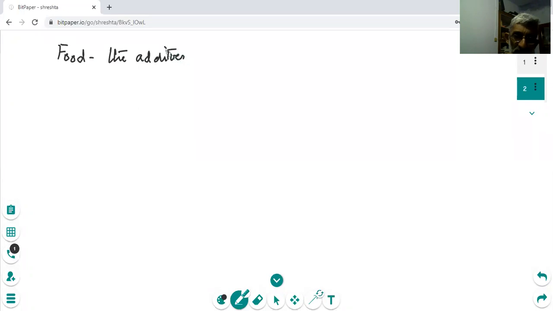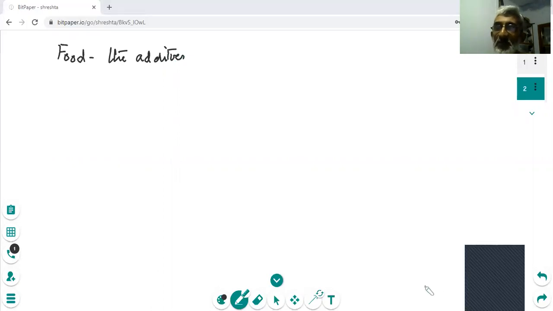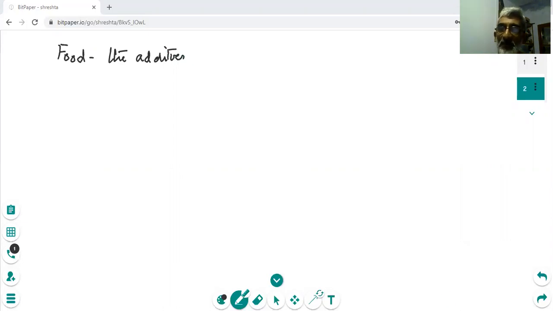Now, to know this, first you have to know what is food. Food is something which gives you the energy as well as something which is useful for growth. That is what you call as food.